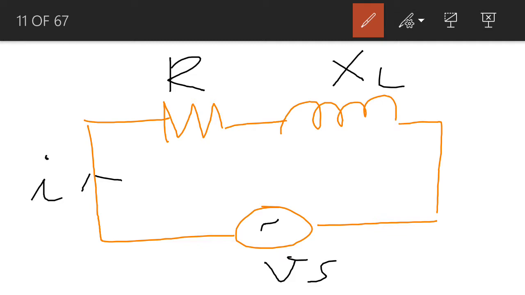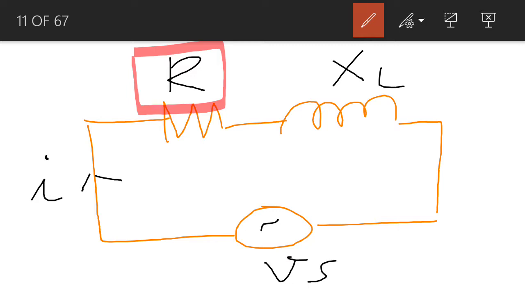So we know that there are two passive circuit elements in this particular series circuit. We have the resistor, and this resistor offers this much resistance to the AC current.